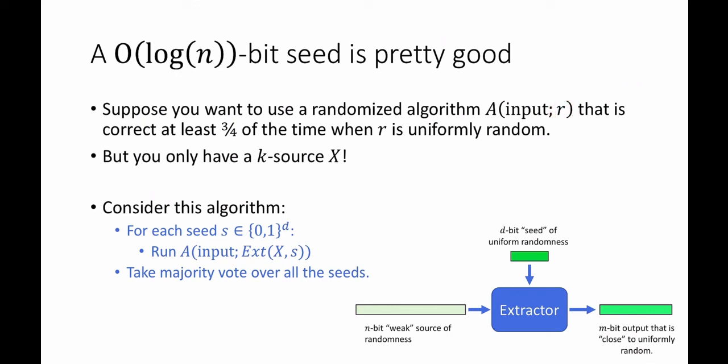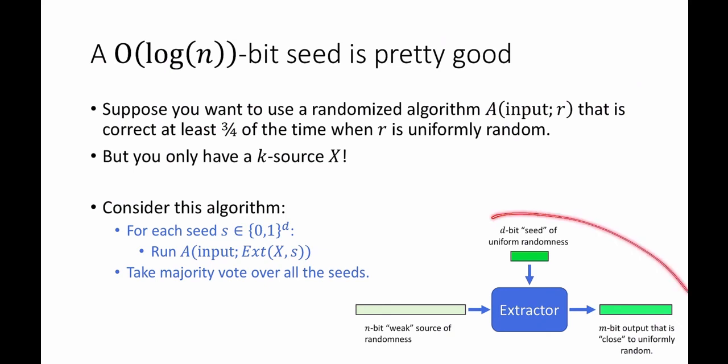Now suppose that it's correct with probability at least 3/4 over the choice of R. And I would like to use this randomized algorithm, but unfortunately I don't have uniformly random bits to plug into R. All I have is some k-source X. What am I going to do?